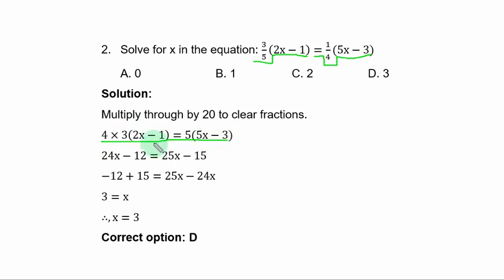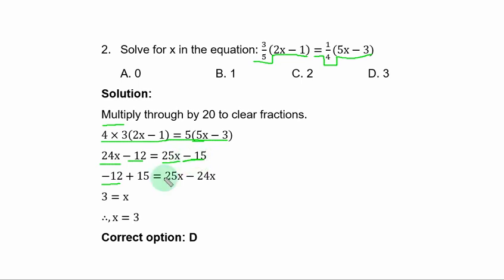Whichever way, you have this result. If you expand first, 4 times 3 is 12. 12 times 2s, 24s, minus 12 times 1 is 12. 5 times 5s, 25s, minus 5 times 3, you have 15. If you collect like terms, you have minus 12 here.